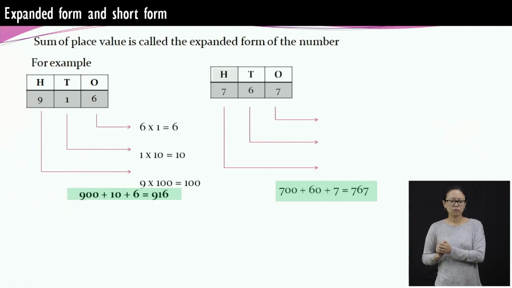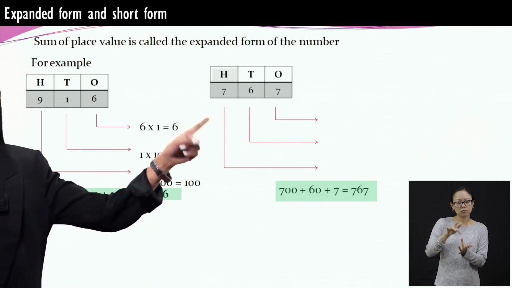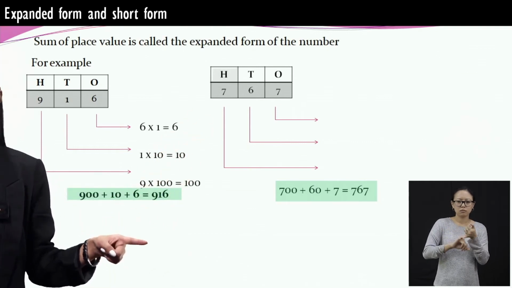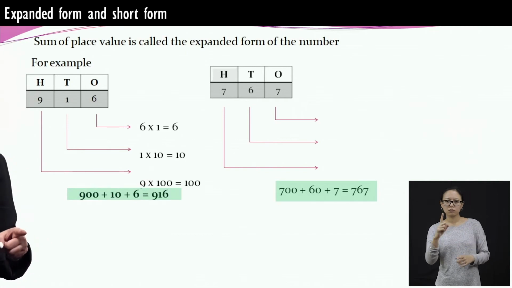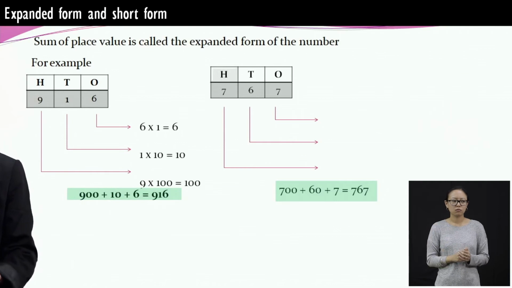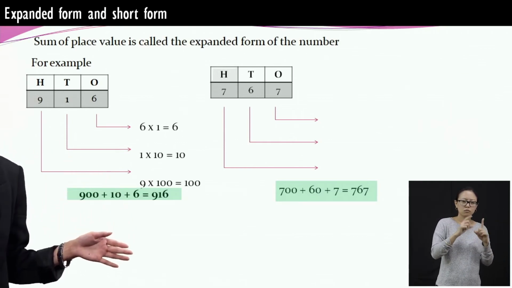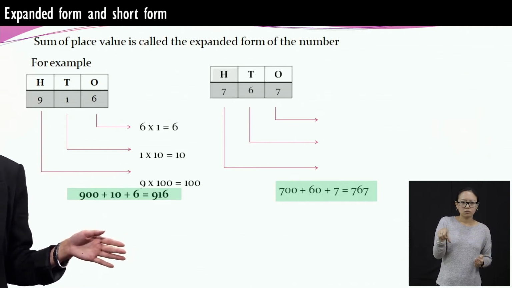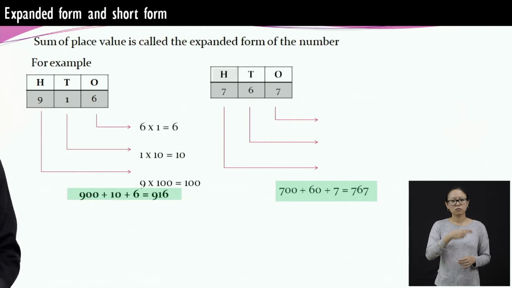Now the next number is in the tens place. So 1 into the tens place, multiply with 10. 1 into 10 is 10. Now the next number is 9, and 9 is in the hundreds place, so we will multiply with 100. 9 into 100 is 900.